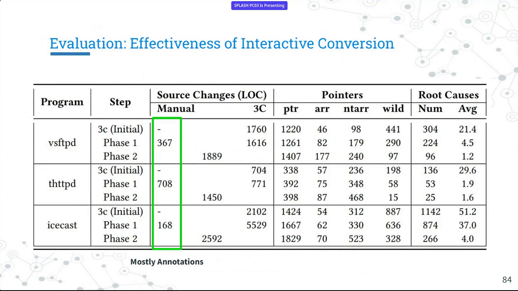Maybe as a quick follow-up, do you have an estimate? When you say low, do you mean like 10% overhead or 50%? 10% was what was reported in the original implementation, but the FreeBSD kernel port reported no overhead. Basically, they observed no overhead. Thank you. I had the same question.